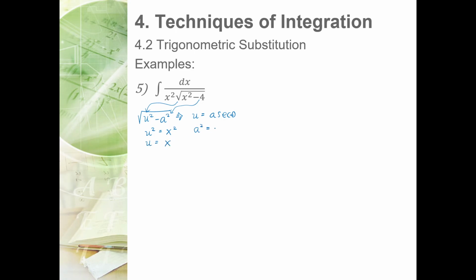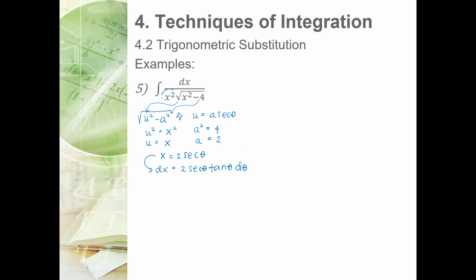A squared is equal to 4, and then a is equal to 2. So utilizing the formula, you have x is equal to 2 secant theta. So again, getting the derivative, you have dx is equal to 2 secant theta tangent theta d theta.